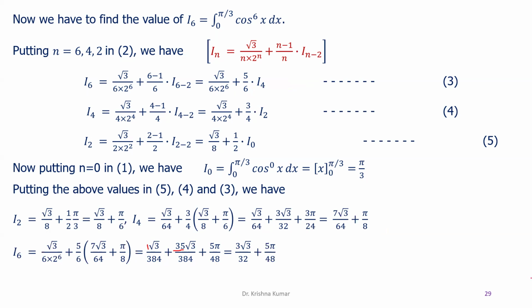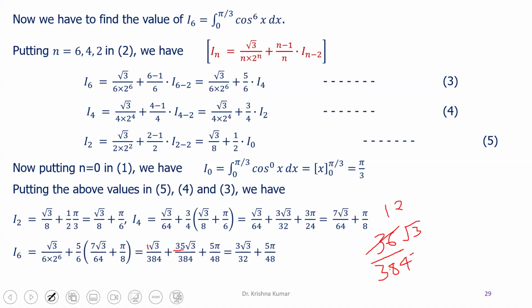And if we simplify this, 36 divided by 384 root 3. So 3 ones are 3, 3 twos are 6, 3 eights are 24.